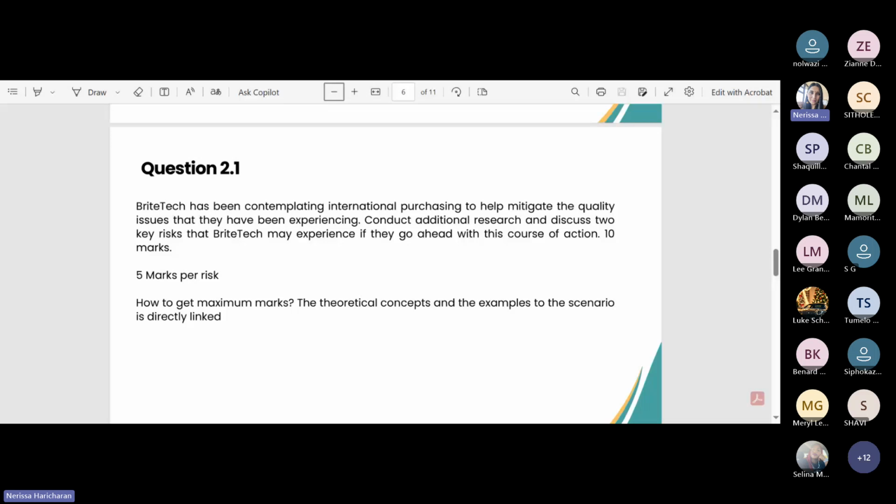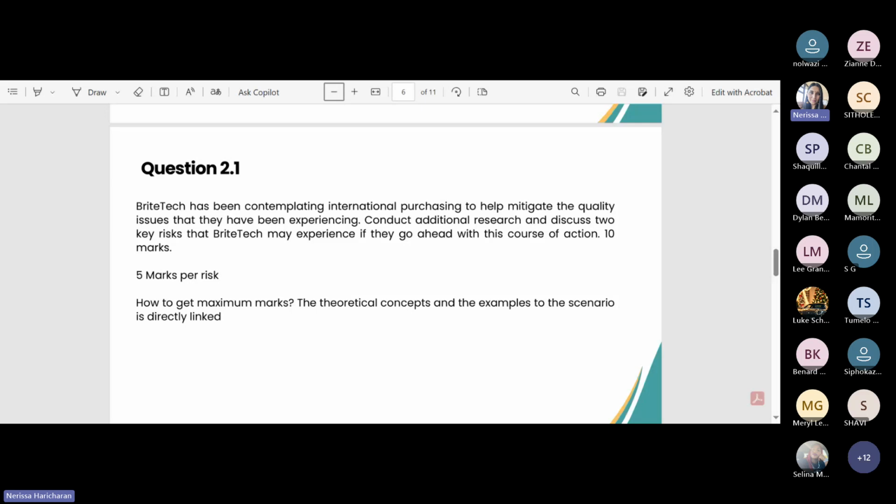Or intellectual property risk, meaning you've got an idea or a specific brand and you sell it to a supplier in China to manufacture and import, and they decide that they want to manufacture and sell to 5 different companies. So these are the risks you're looking at.